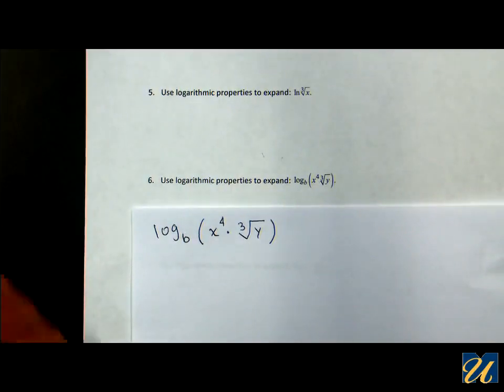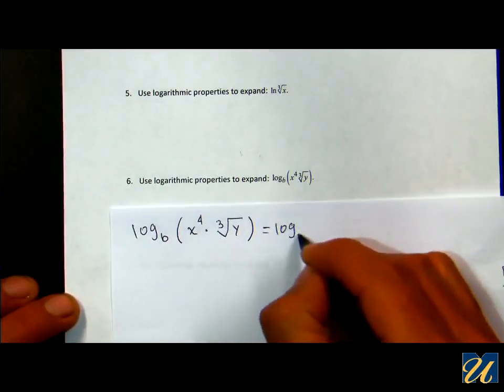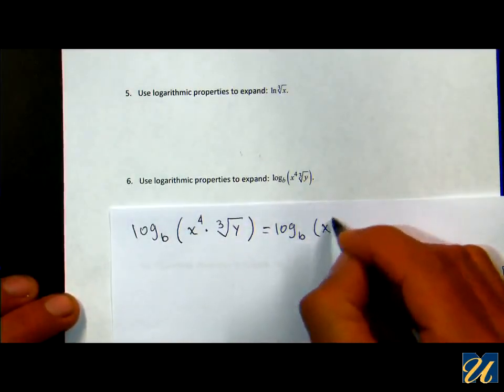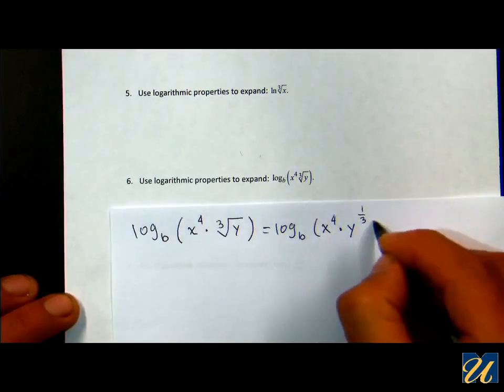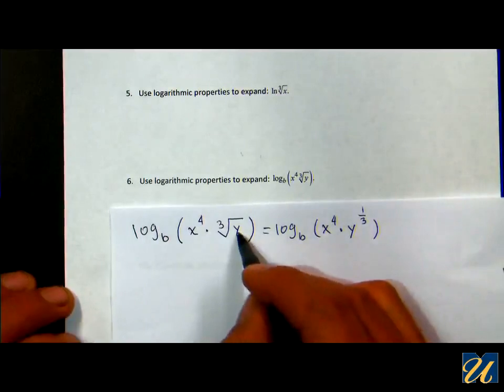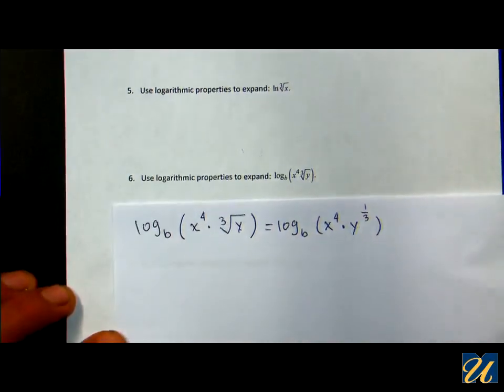Okay, I'll make one small change first. We know from the previous problem that we can rewrite the cube root as the power 1/3. Now, only the y is being cube rooted, so only the y has power 1/3.